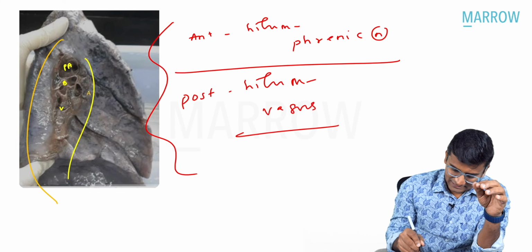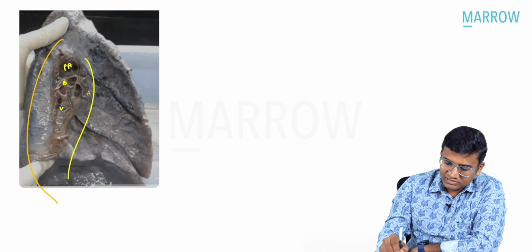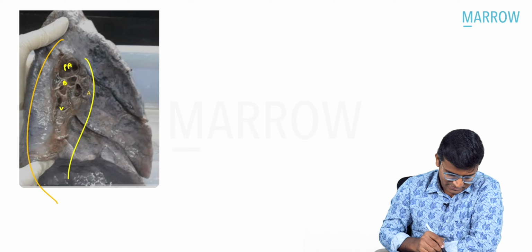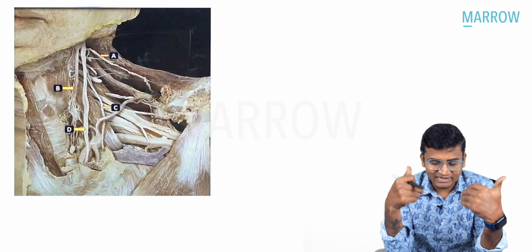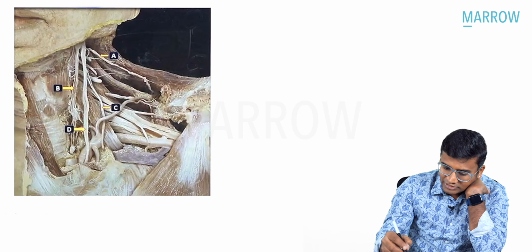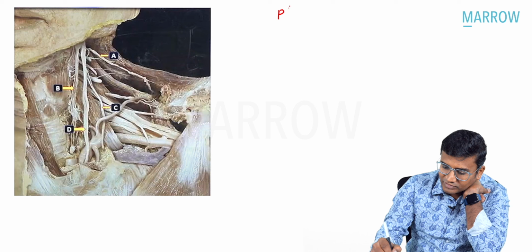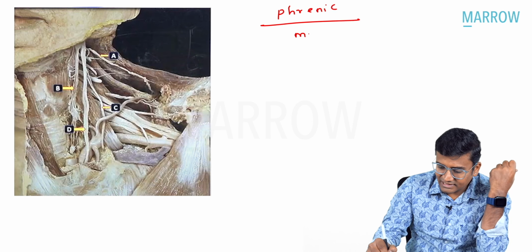Okay. And in the AIIMS and INI-CET exams, questions were coming repeatedly about the phrenic nerve. From the 2016 AIIMS exam, we are getting questions repeatedly about the phrenic nerve. Okay. So now, for phrenic nerve relations, you have to know some basic points. The phrenic nerve is a mixed nerve.